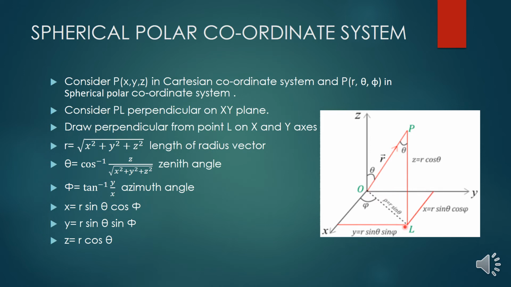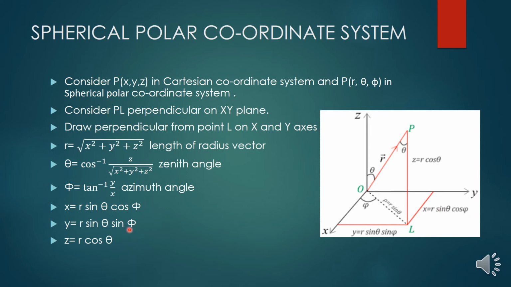Similarly, the distance between L and this point is also the y coordinate. So y is equal to r sin theta sin phi. Similarly, you can see that x is equal to r sin theta cos phi, because from O up to this point, this is the x coordinate and it is the same as this side. So x is equal to r sin theta cos phi.